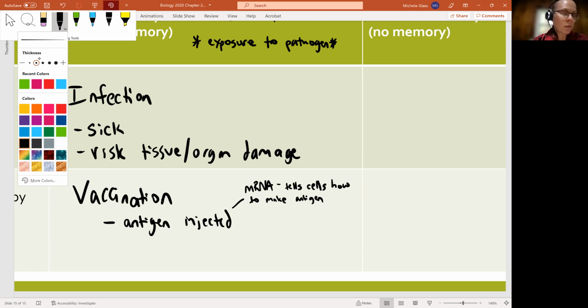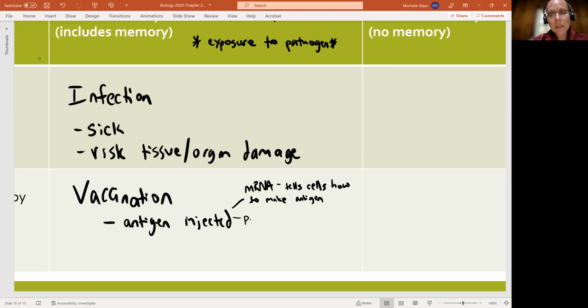The next type we see is called the protein subunit vaccine. And in this case, you are just delivering proteins from that particular virus. So you might have a piece or part of that virus that's including this particular antigen that's used to initiate your immune response.